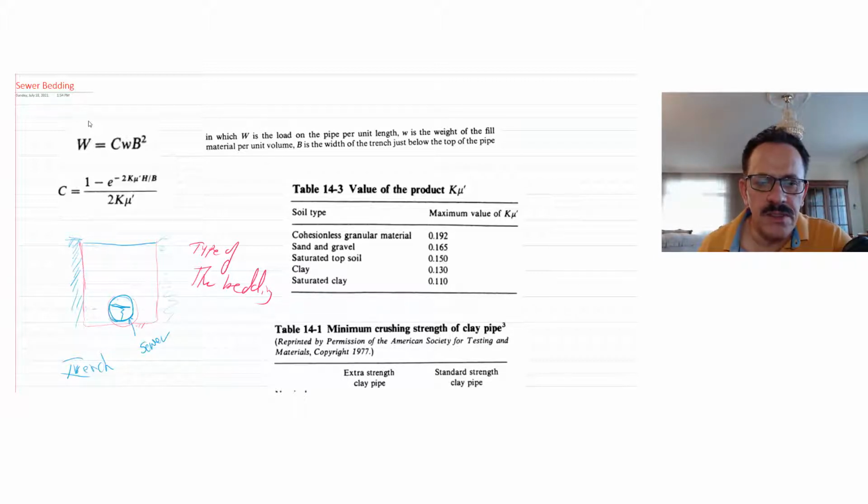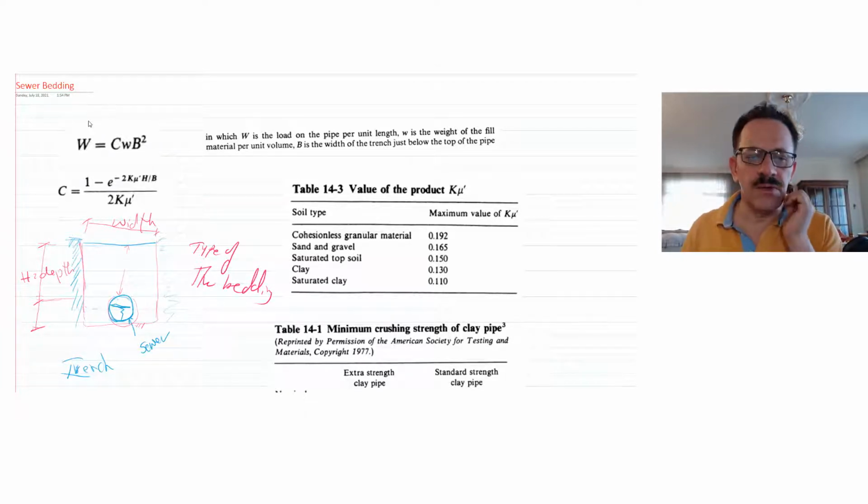By the way, this trench has a width, and this is the depth. H is the depth of the trench till the crown of the sewer itself.